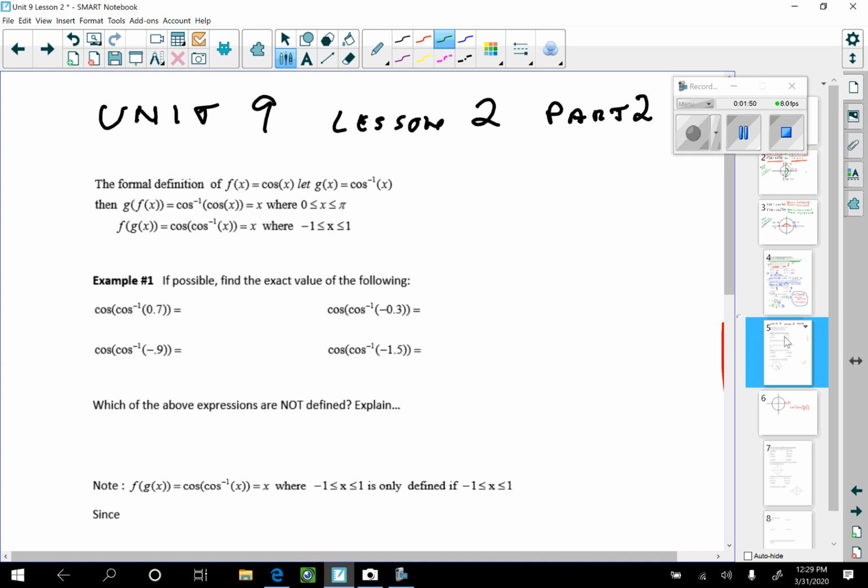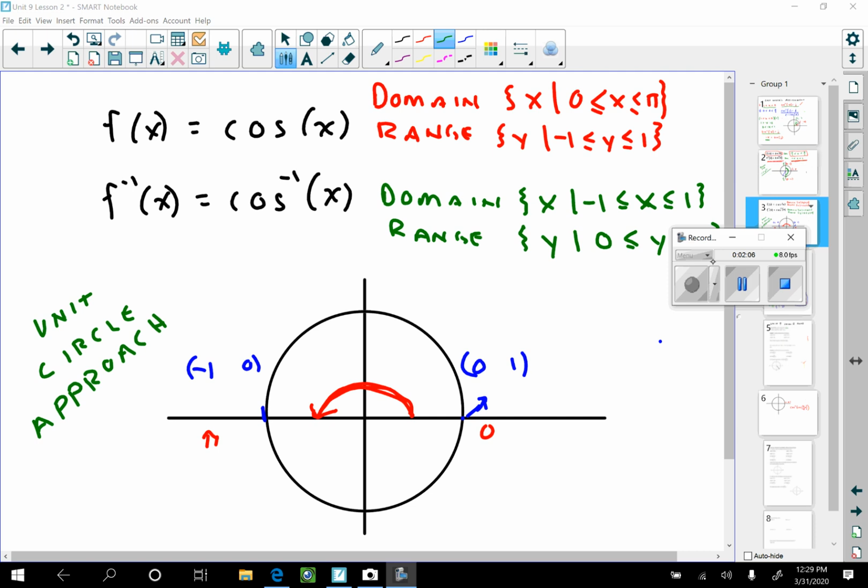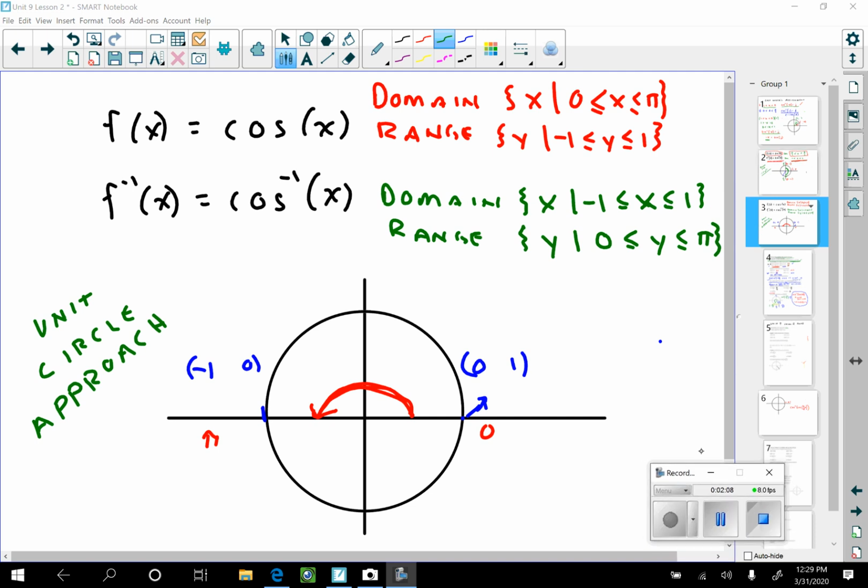Before I talk about that, for this to exist, we had to restrict the domain of cosine, and I'm going to look at how we did that. I'm going to go back to this slide. I'll put this down on the bottom out of the way.